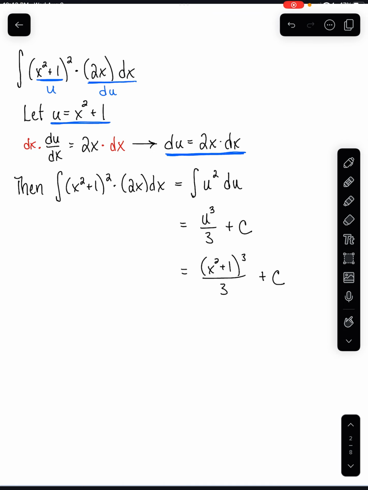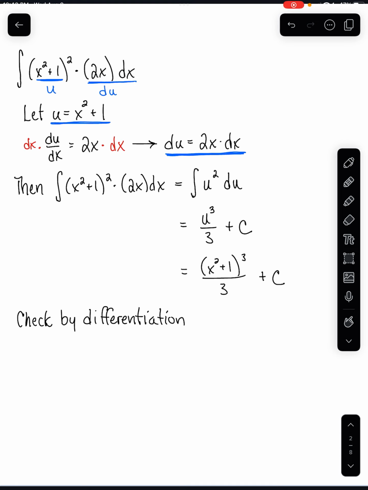Now, this is easy enough to check. We can just check this by differentiating it. I mean, that's part of the idea of the first part of the fundamental theorem of calculus, to show that the antiderivative and the derivative are actually inverses of each other.